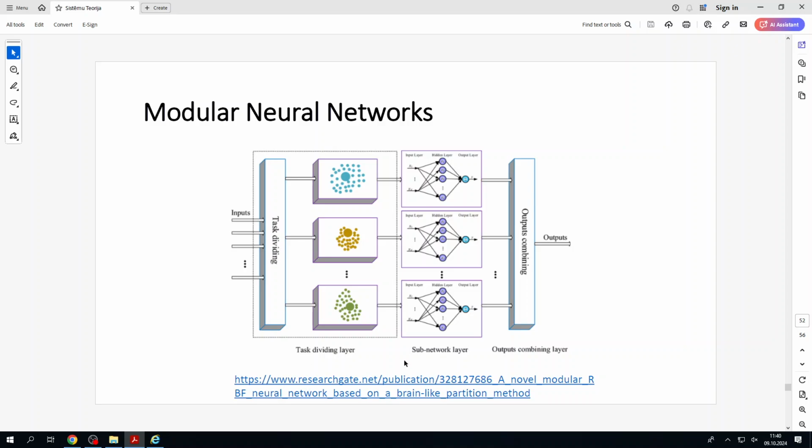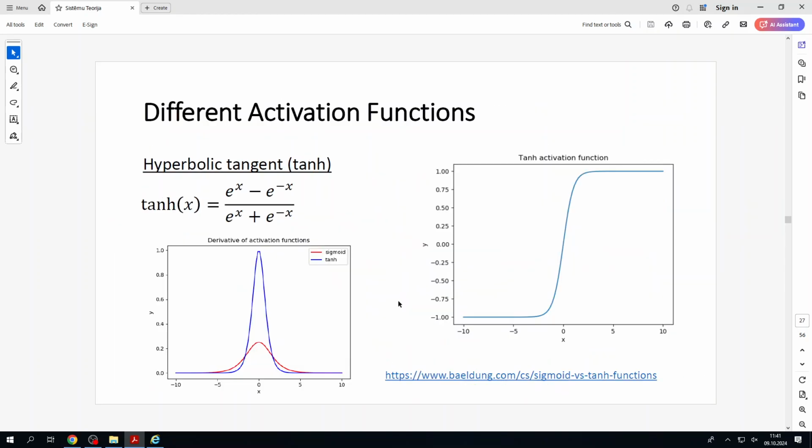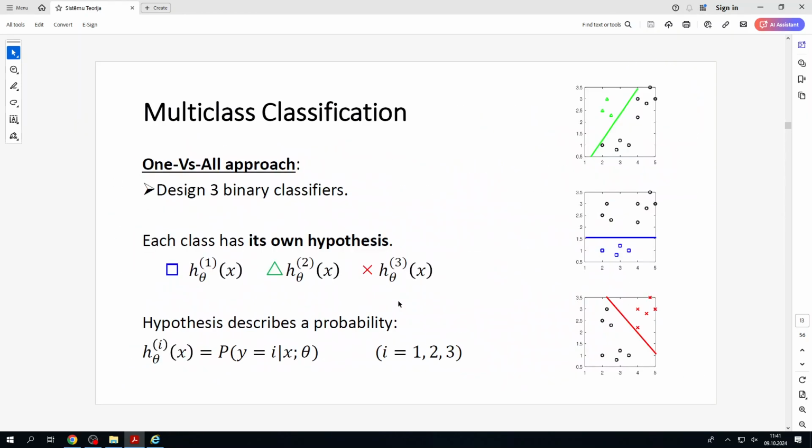Then there are modular neural networks, where you actually have not one neural network but different neural networks. Again, it's very simple, as we started at the beginning when we said we want to have different classifiers for different cases. Now, however, we operate not in the sense of logistic regression, but I'm going to make a different neural network for this, a different neural network for this, and a different neural network for this.